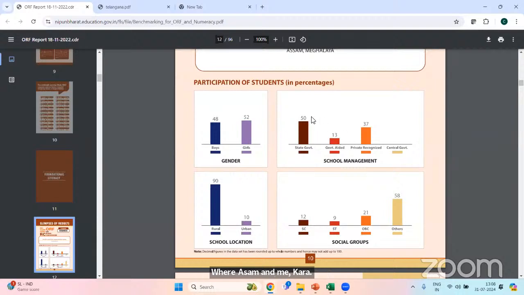What is important here is the participation of state government and private recognized schools: 50% and 37%. So we need not be happy that 50% of state government and 37% have participated. This is a normalized representation.